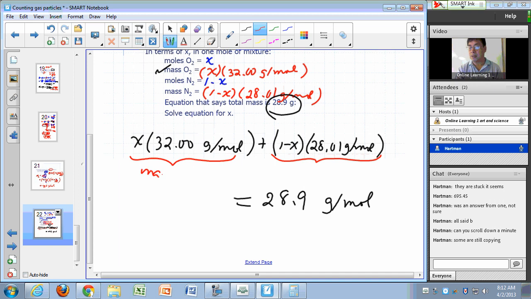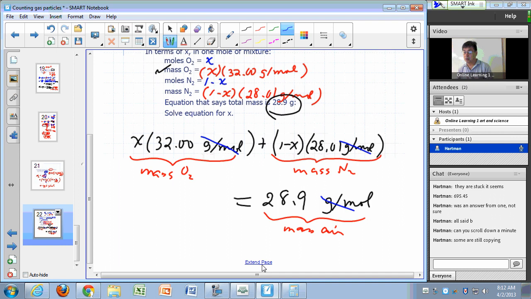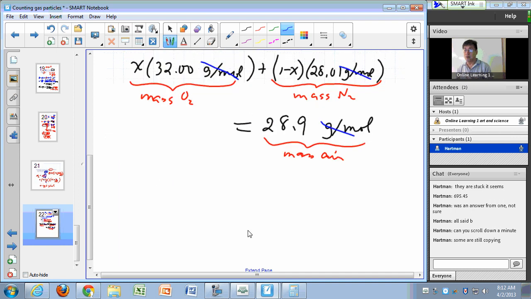So this is the mass of oxygen in 1 mole of your air, and this is the mass of nitrogen in 1 mole of air. This is the total mass of nitrogen and oxygen, so this is the mass of the air. And you can see the grams per mole units just cancel out here. So you have reduced this to a simple problem in algebra.